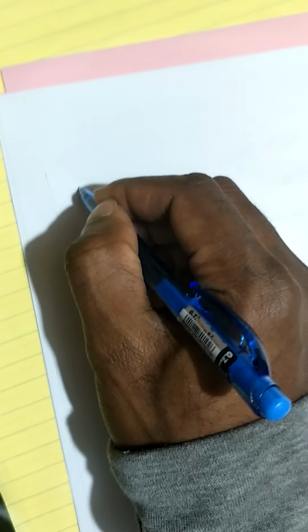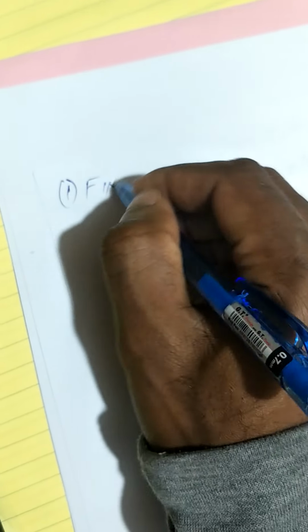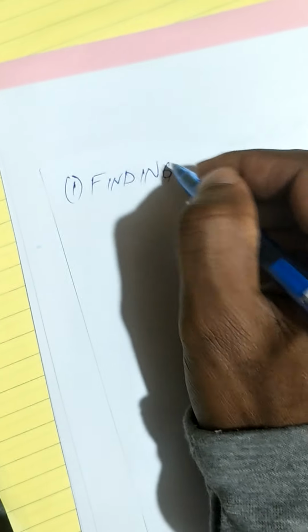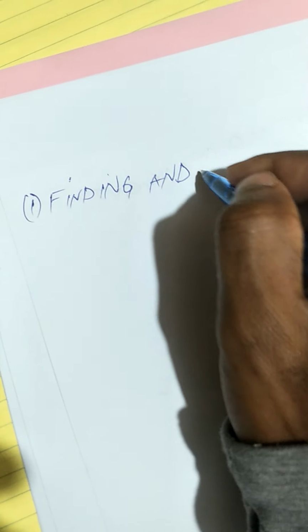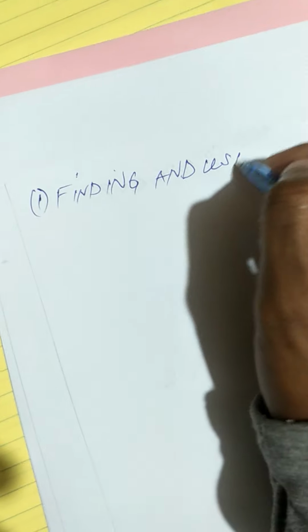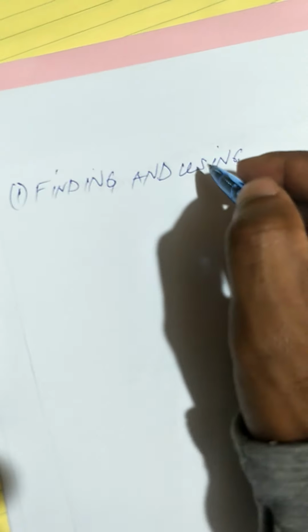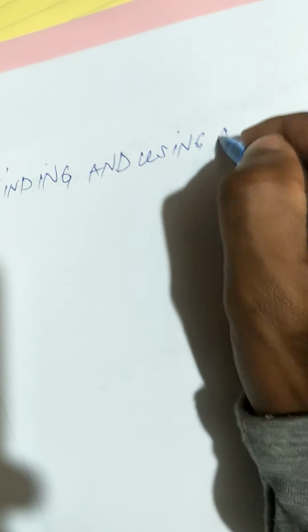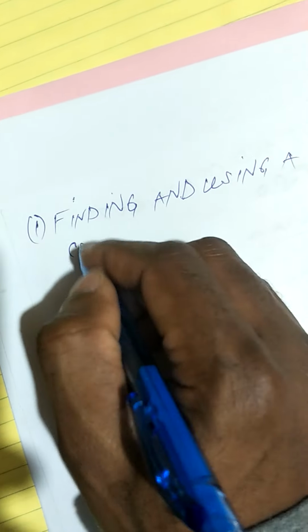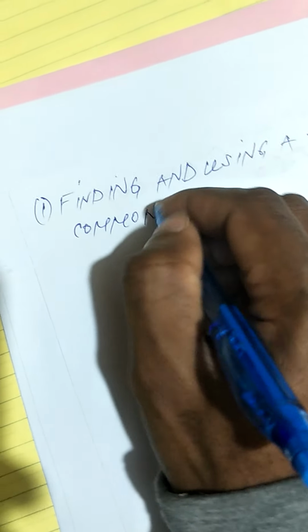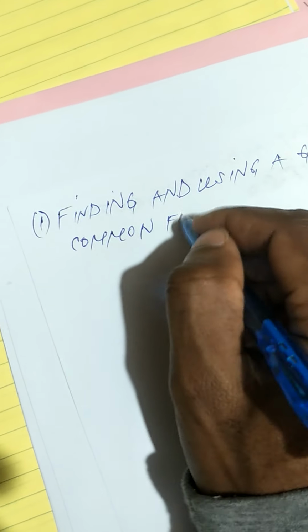So first, number 1 is finding and using a greatest common factor.